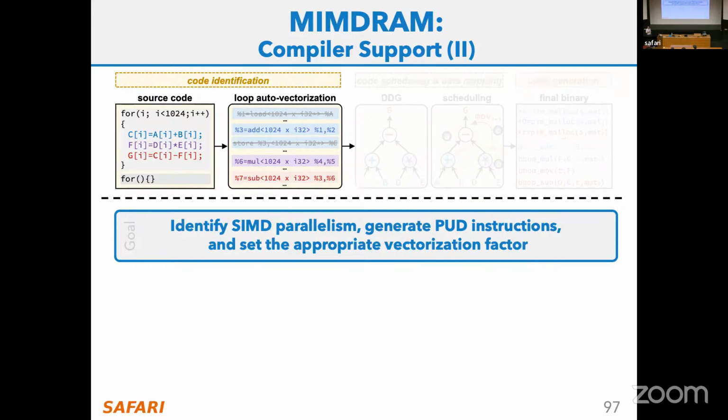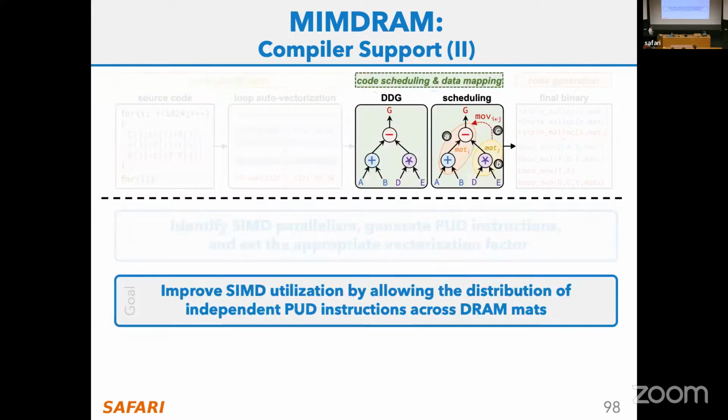We can vectorize them to varying granularities of different MET sizes, depending on the data parallelism present in the loop itself. The second pass is responsible for code scaling and data mapping, and this is going to basically generate a data dependence graph of the vectorized loops, and traverse this data dependence graph to figure out which operation should be executed in which METs.